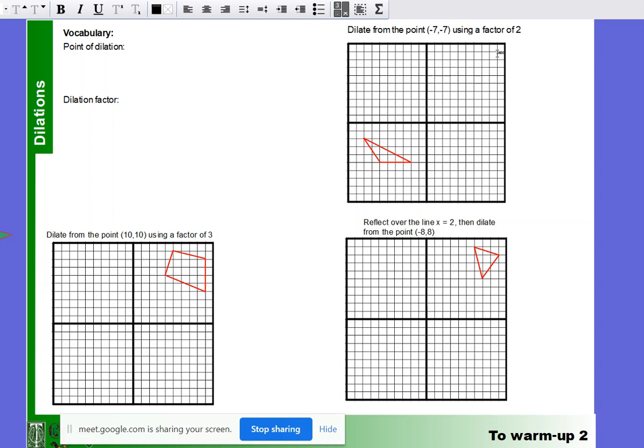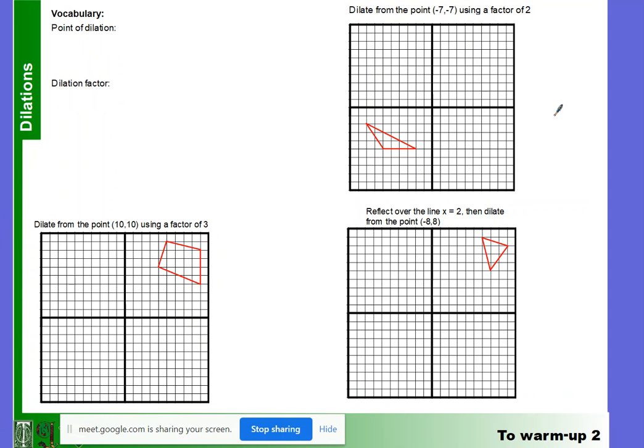All right, so let's do this one right here. Okay. This one says dilate from point -7, comma -7 using a factor of 2. The first thing we have to do is identify where is -7, comma -7. So where should I be looking?